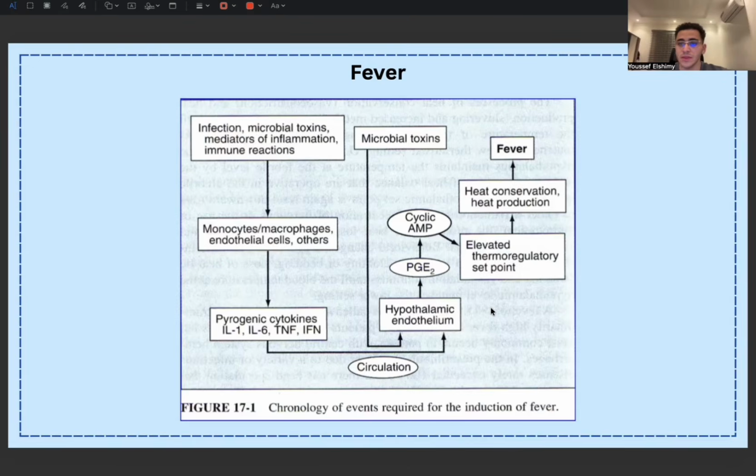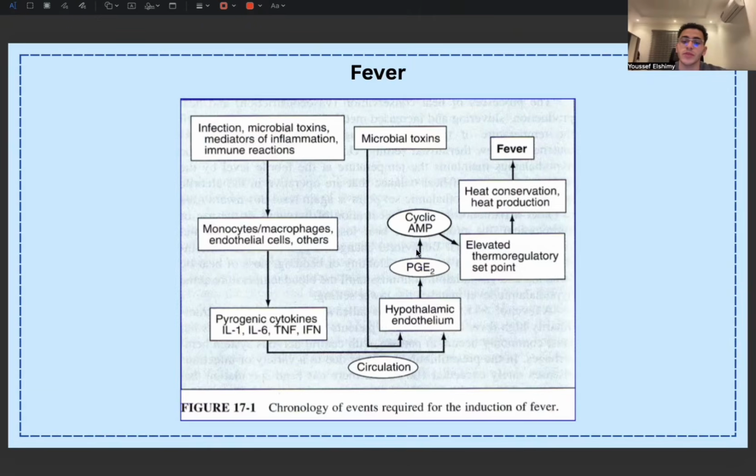The hypothalamus doesn't have a blood-brain barrier, so it can detect what's circulating through the blood. So, when these toxins and cytokines go through the hypothalamic endothelium, it senses that, and this would lead to the production of prostaglandins, especially prostaglandin E2.